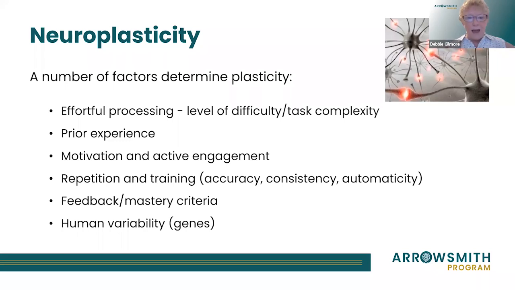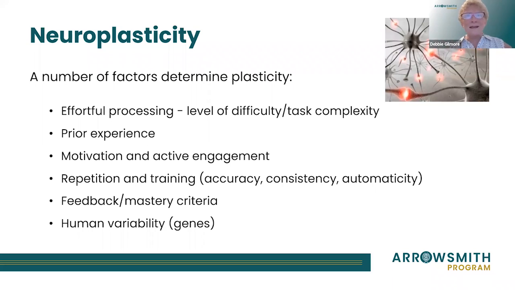But once we become accurate and we do it consistently, then we can do it much more quickly, much more efficiently. And that's neuroplasticity in action. It is actually pushing those connections in the brain, forging new pathways in the brain.